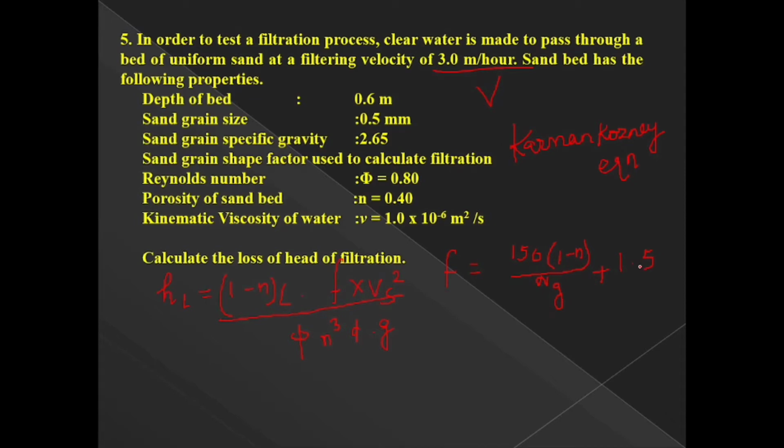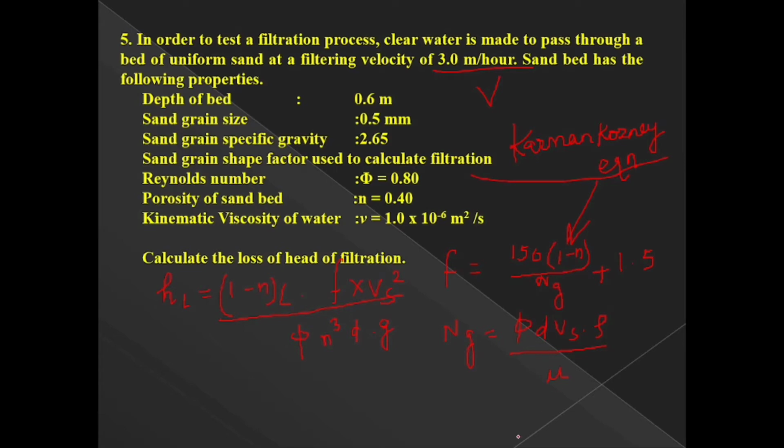Now another unknown comes, that is the Ng value. What is the value of Ng? Ng is equal to phi d Vs rho divided by mu. My dear students, according to the Carman-Kozeny equation, because it is a very simplified equation, that's why we have used these formulas.